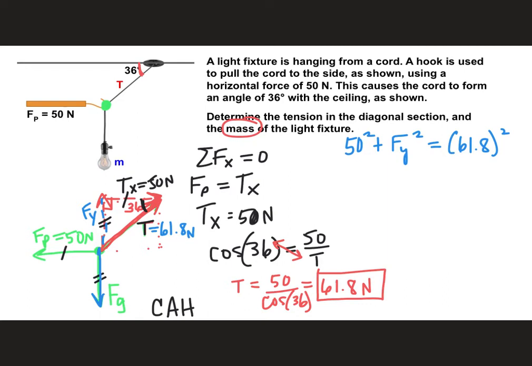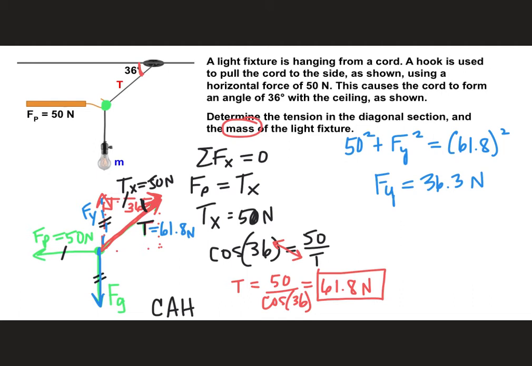And I'd work my way through the Pythagorean theorem here by squaring the 61.8 and then subtracting whatever 50 squared is, and then square rooting my answer. And after I do that, we end up with f sub y equal to 36.3. And again, that is a force, so that would be in newtons.